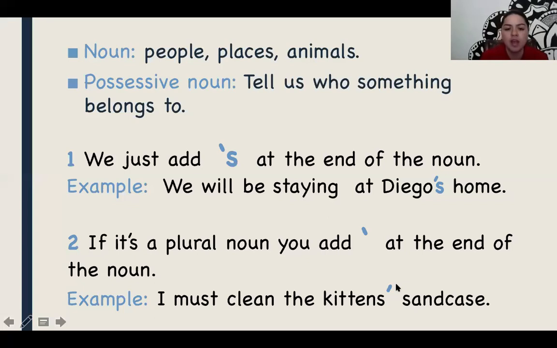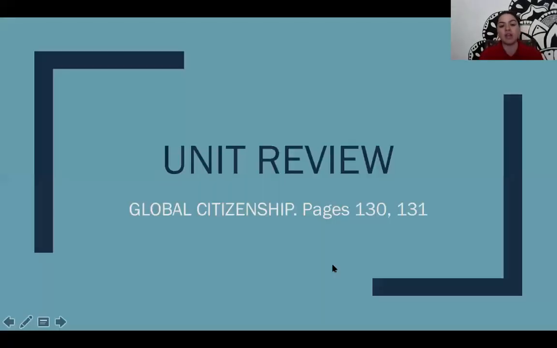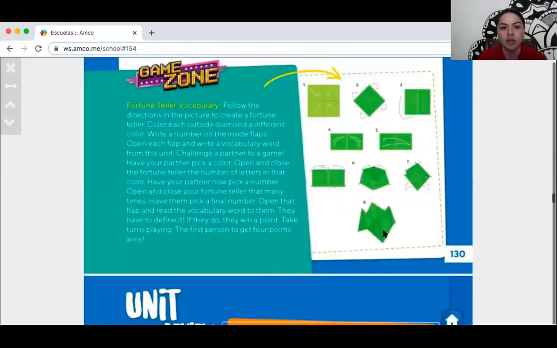Now, let's see what else we're going to do today. Today, we're going to work in global citizenship, pages 130 and 131. We're going to work on our unit review. Let me show you the page that we are going to work on. Okay, unit review.